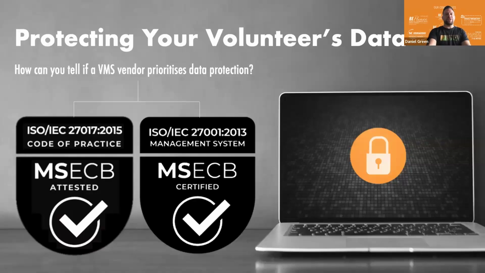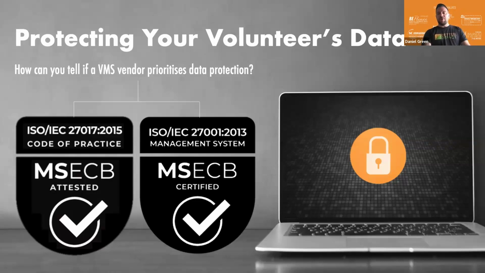Talking about protecting your volunteers' data, how can you tell if a VMS vendor prioritizes data protection? One easy way is to look for the ISO certification. ISO 27001 is the world's best known standard for information security management systems. ISO certification means that the VMS vendor respects all the best practices and principles enshrined in this international standard.